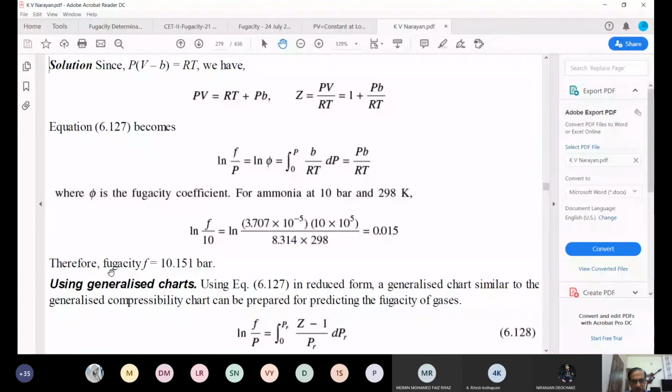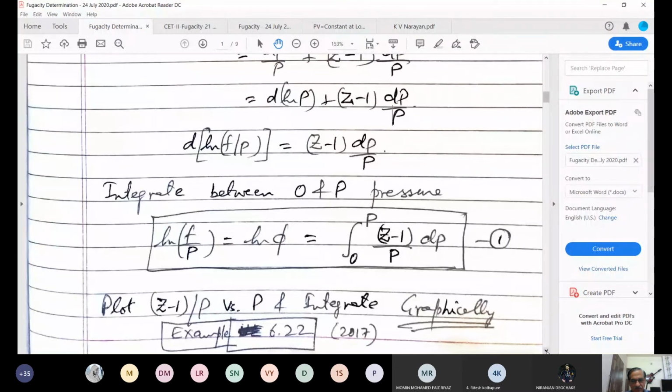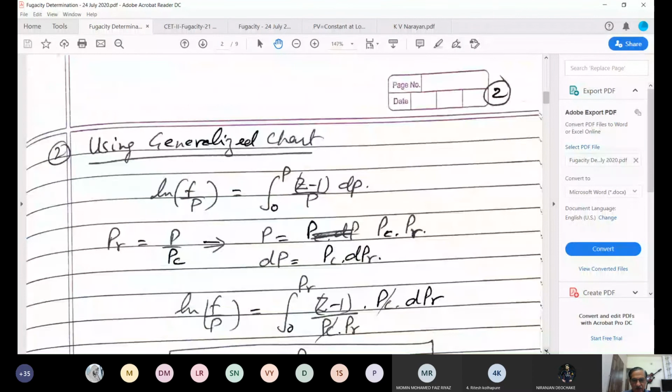So that shows the effect of non-idealities or real gases. Any doubts, questions on this?